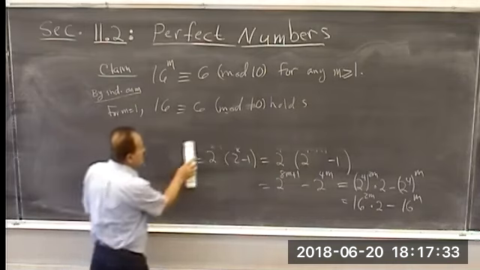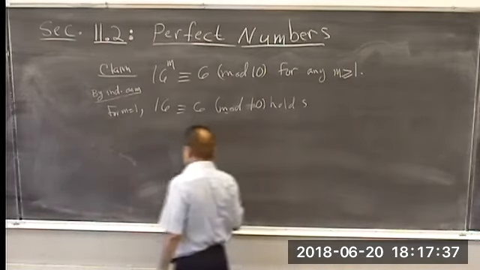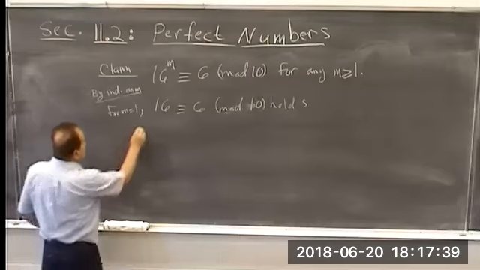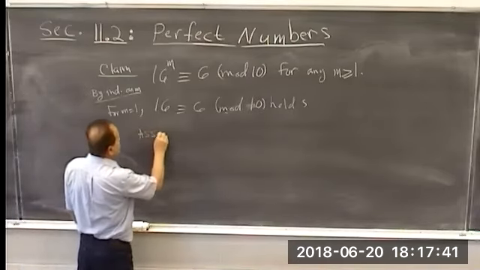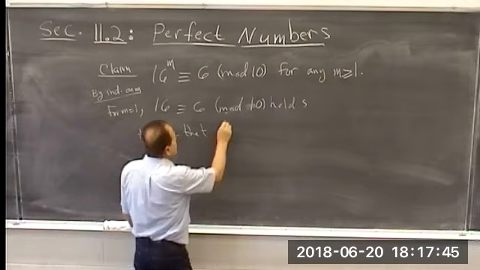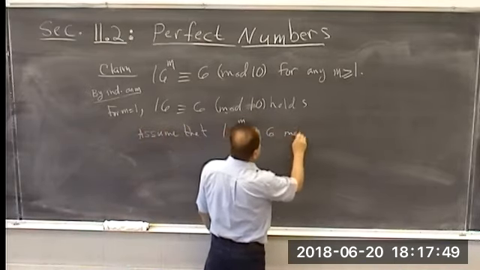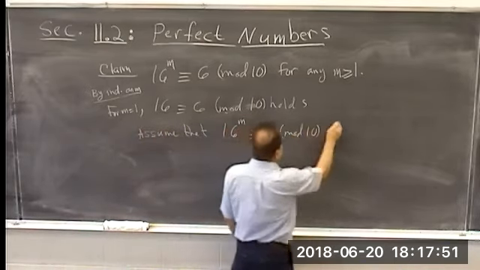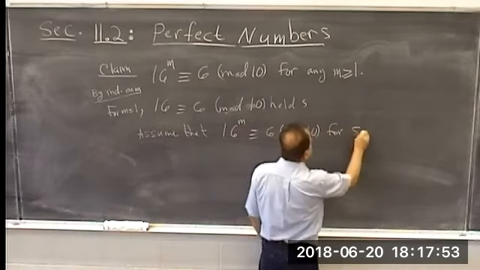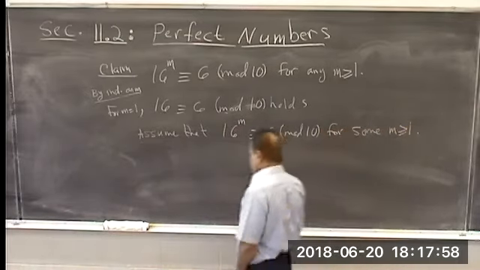And let's assume it's true for m. Assume that 16^m is congruent to 6 mod 10 for some m bigger than or equal to 1.